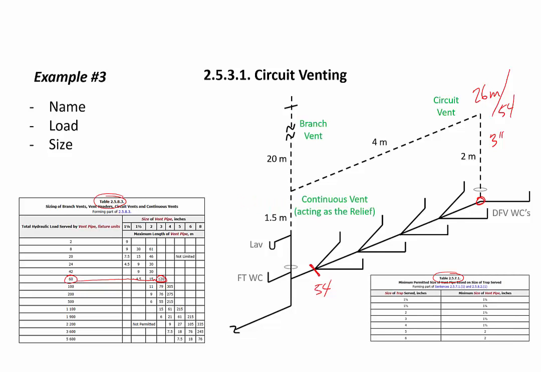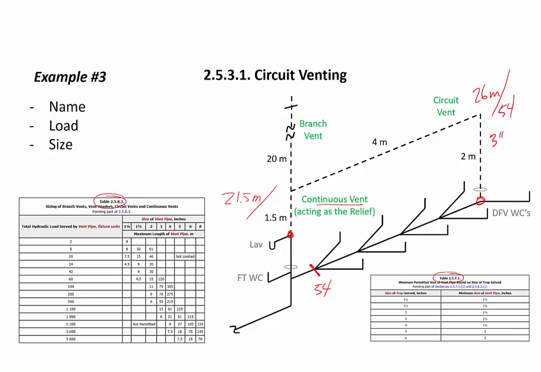Now just to double check we got this continuous vent size correct. The continuous vent lower end is the wet vent. Upper end is major vent or outside air. So the continuous vent for sizing purposes is 21.5 meters. Again, it's sized from table 2583. The load is the load of all fixtures being served by the continuous vent.